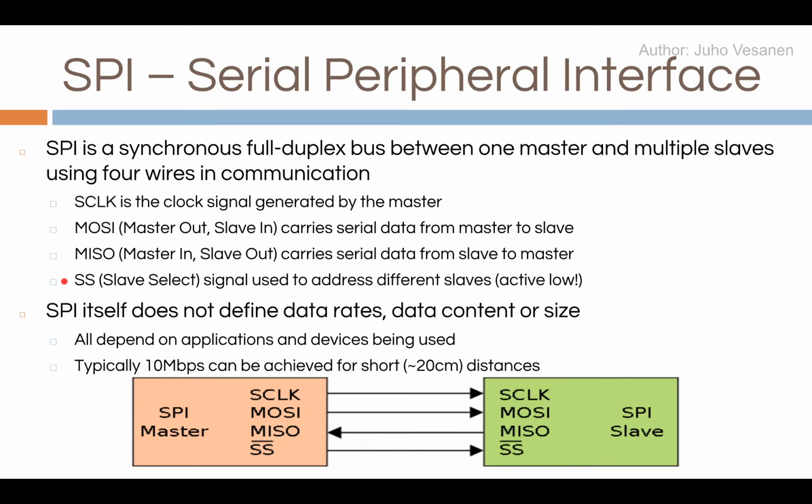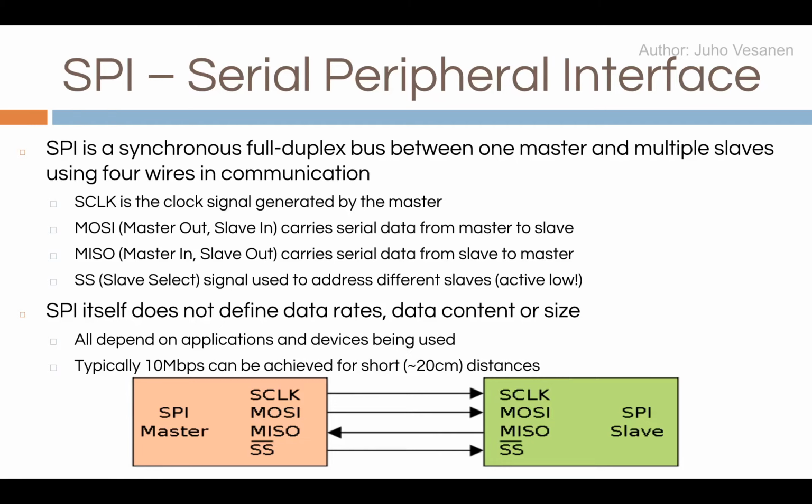The slave select signal is used to address different slaves, and okay, this is direct chip select signal, which means that actually making this a bus is very simple. You just have separate slave select signals for different components, different devices.